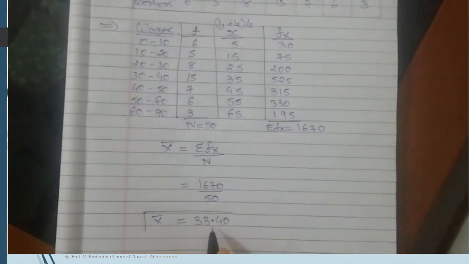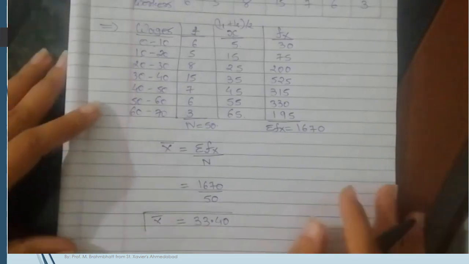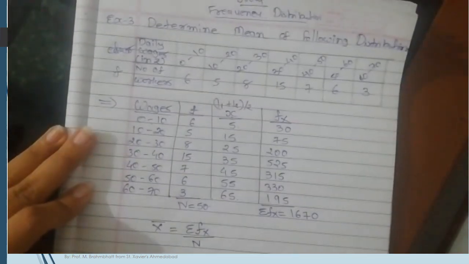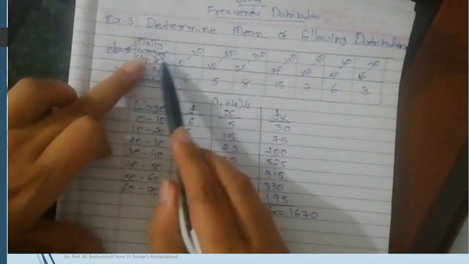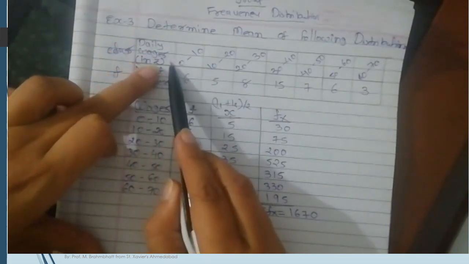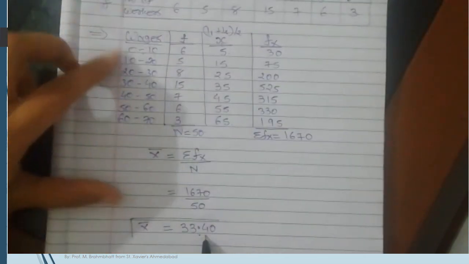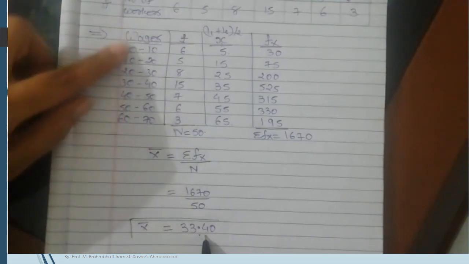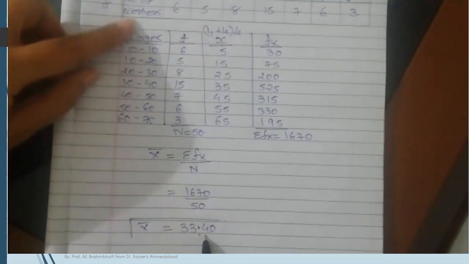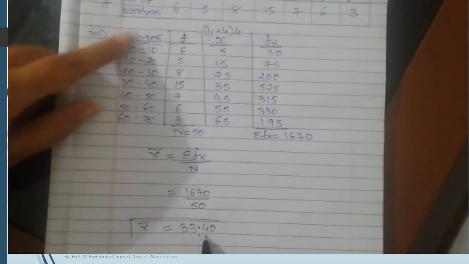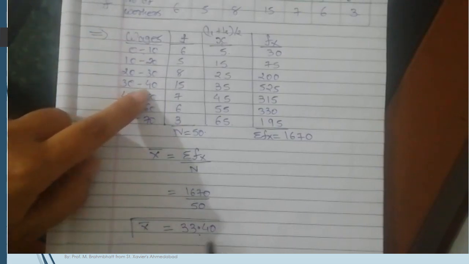One thing I want to mention: in the question, the daily wages are given in rupees. The answer you found, 33.40, is a center value of the given x values, and your classes are given in rupees.